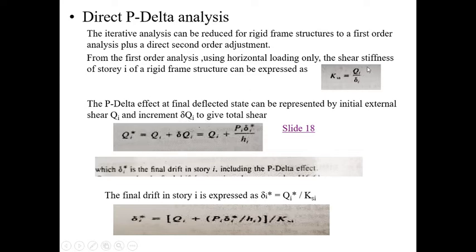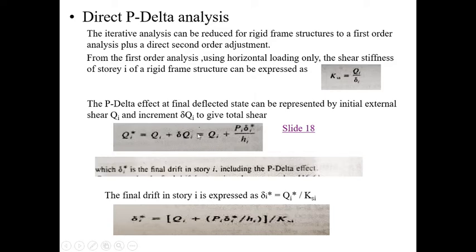This is only when the horizontal load is acting, and when we consider the P delta effect at the deflected state, there will be an initial external shear acting, Qi, at the particular story i, and due to that there is an increment in the shear, that is delta Qi. So the total shear acting in the particular story will be equal to Qi plus delta Qi, that is the initial plus the increment in the shear.